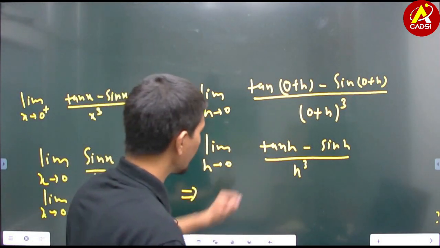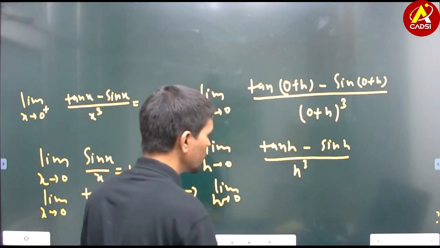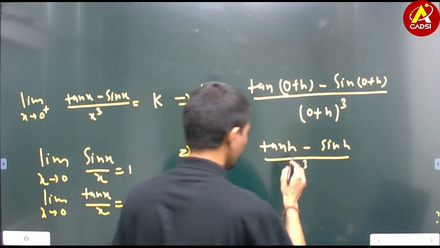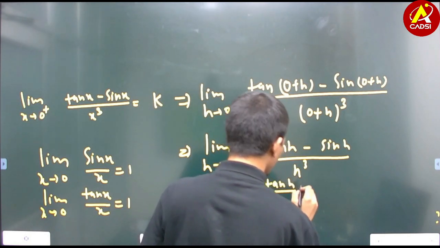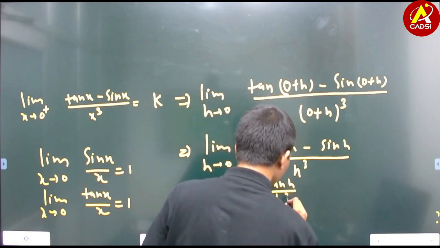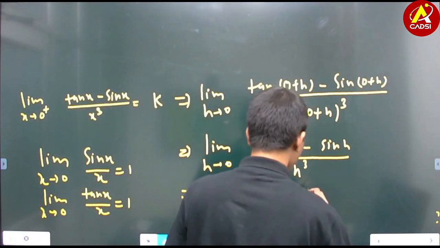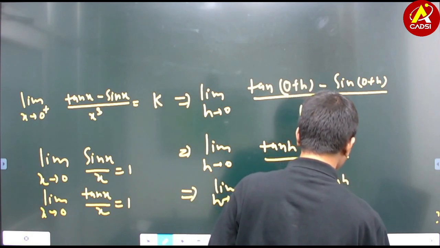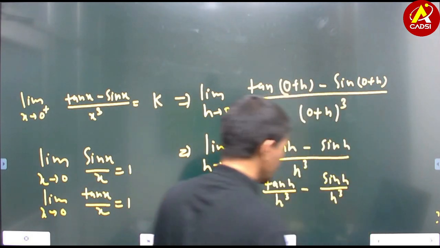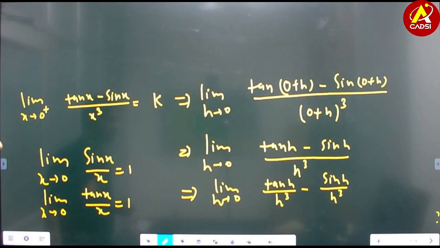So now we can write limit h tending to 0 of tan h upon h cube minus sin h upon h cube.